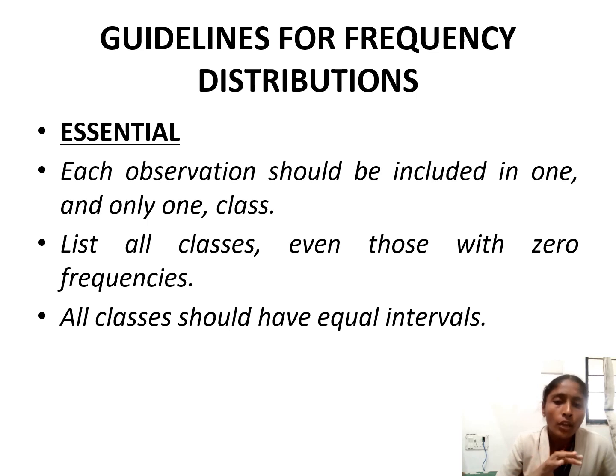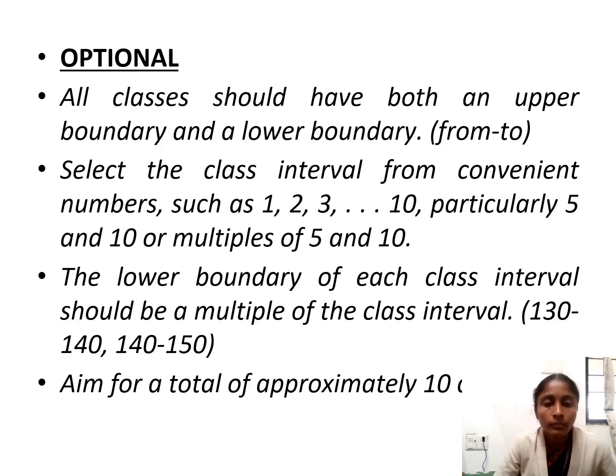If any data is not present in a particular class, that is not a problem, but we should mention that class also. This is the second rule. And the third rule: all the classes should have equal intervals. All the classes in one example or one analysis should have an equal interval. So these are the 3 main rules we have to follow when finding the frequency distribution.